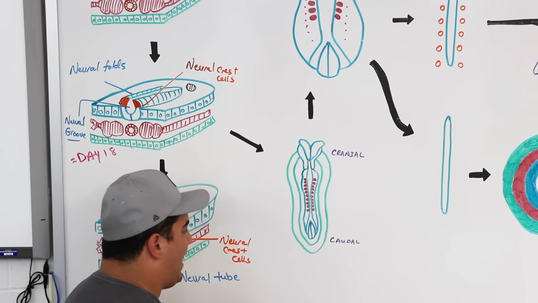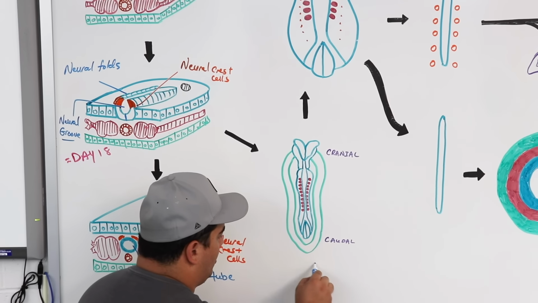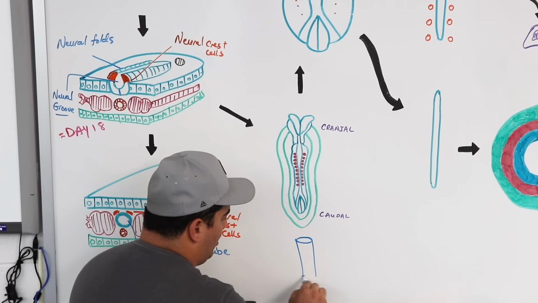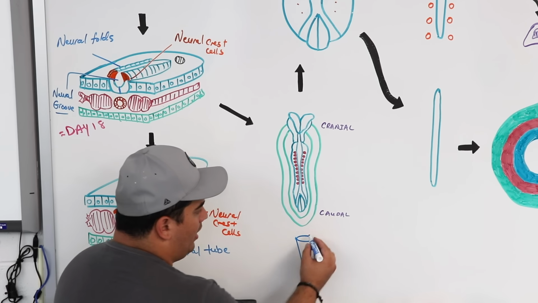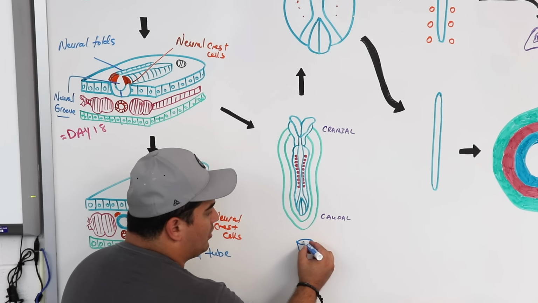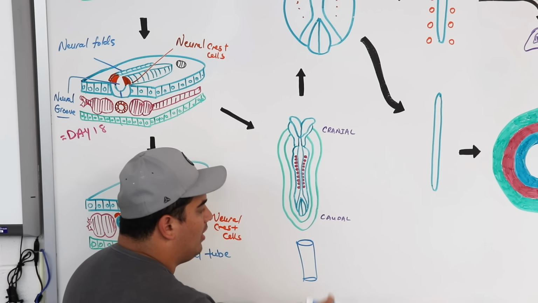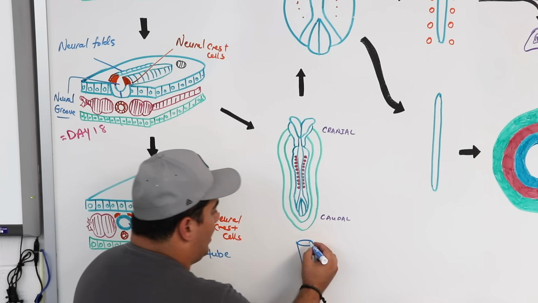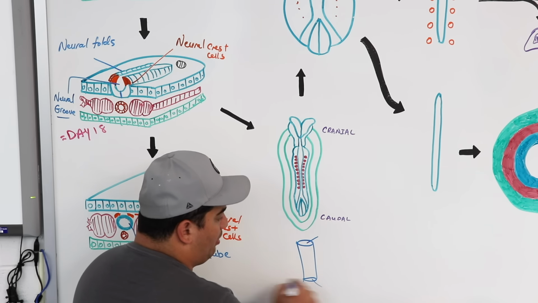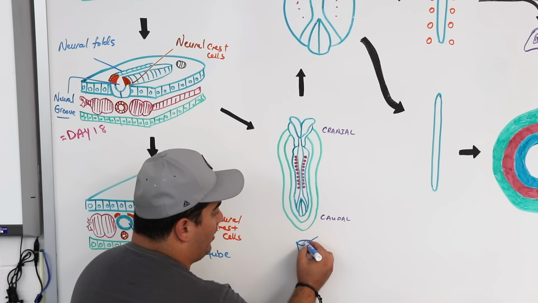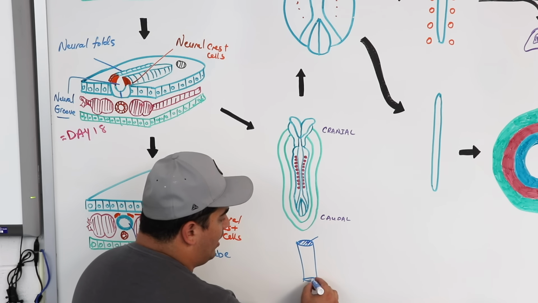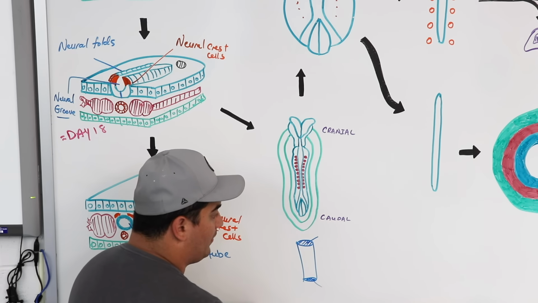In other words, if you imagine here's a tube, here's the other end of the tube, right? This tube hasn't completely closed off, right? So it's open. It's kind of like a vessel, basically. Let's say that this part up here is the cranial, this part here is the caudal. This is going to be what they call the anterior neuropore, and this one here on the bottom is going to be the posterior neuropore.